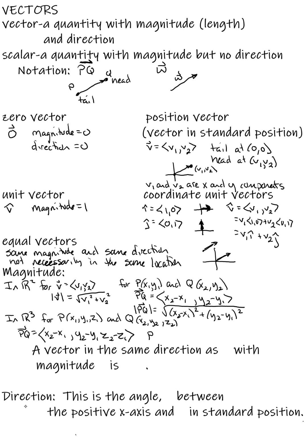The magnitude of this vector, again, notice I've got the vector notation. Every time I write a vector, I must write that vector notation above it. The magnitude of that is the square root of (x2 minus x1) squared plus (y2 minus y1) squared plus (z2 minus z1) squared.